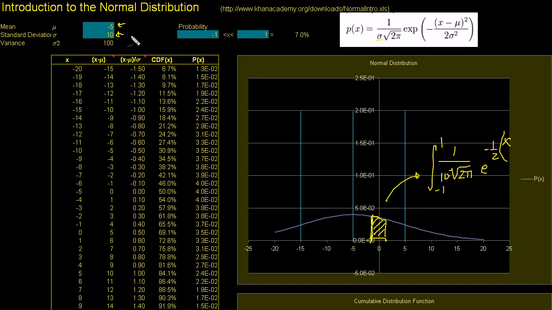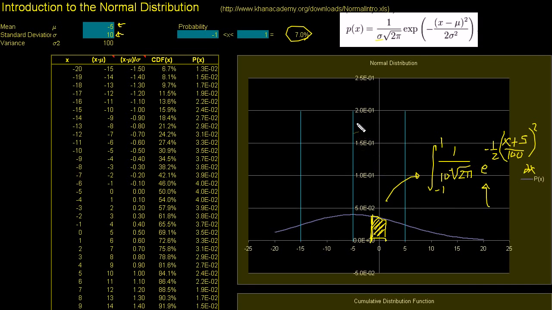Our mean is -5, so it's x plus 5 over 10, squared, dx. This is what this number is right here, this 7%, or actually 0.07, is the area right under there. Now, unfortunately for us in the world, this isn't an easy integral to evaluate analytically, even for those of us who know our calculus.